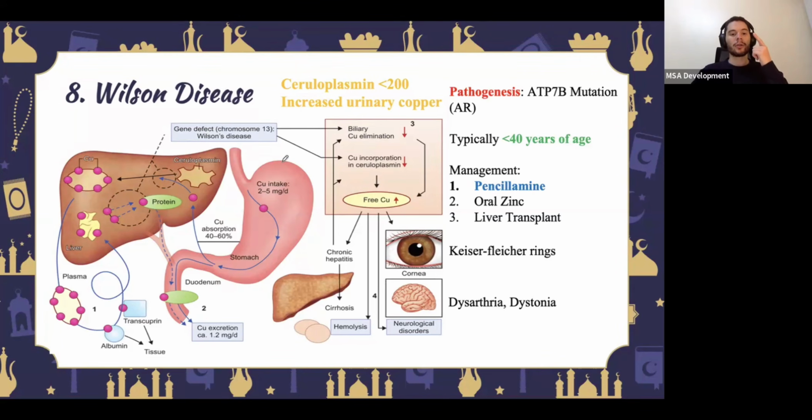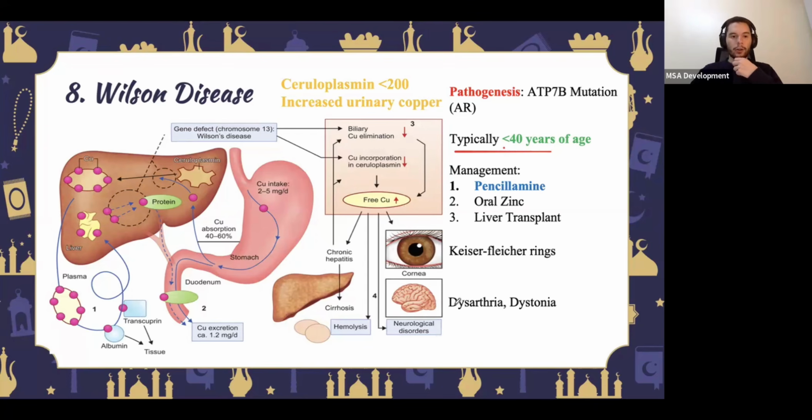Both methods of controlling copper in your body are faulty, and this would lead to increased copper inside the liver. Now, as you can see over here, it typically affects those less than 40 years of age. So if you get a patient that's more than 45, do not think of Wilson disease. Remember that.